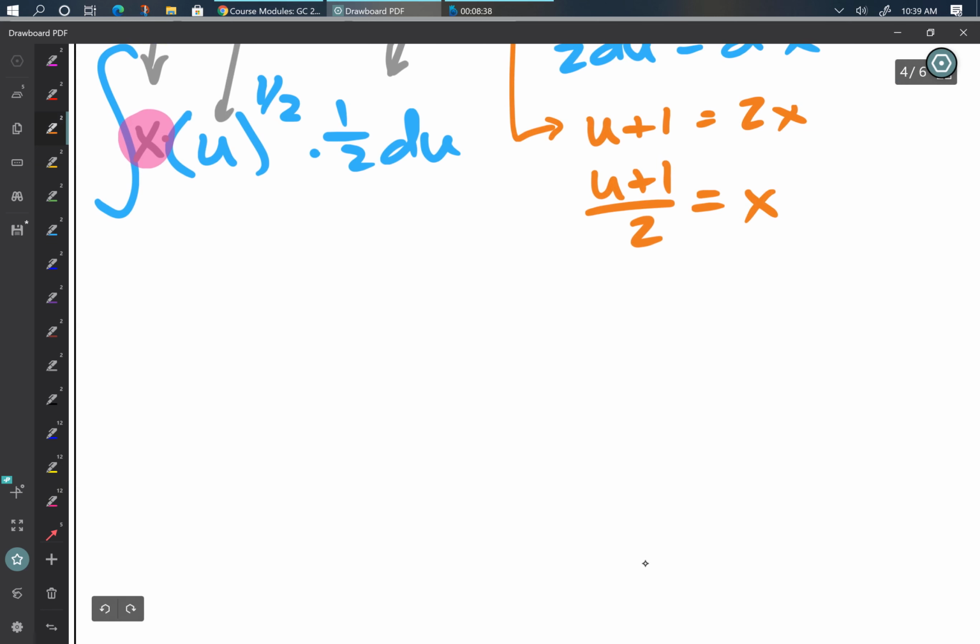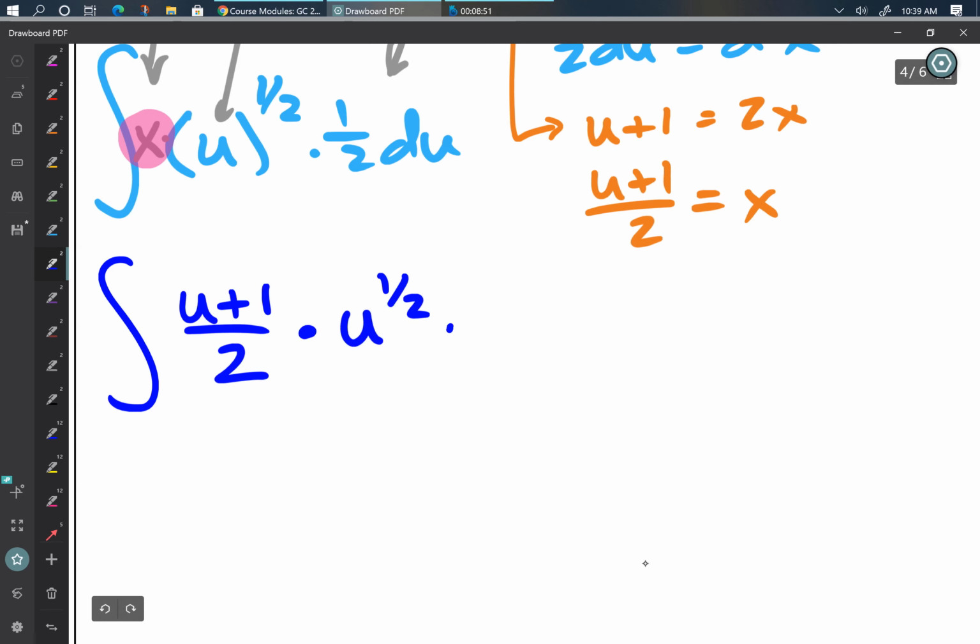And then this will become the integral of u plus 1 over 2 times u to the 1/2 times 1/2 du. Right? All of this just stayed the same. It was the substitution here that occurred, where I replaced x with u plus 1 over 2.